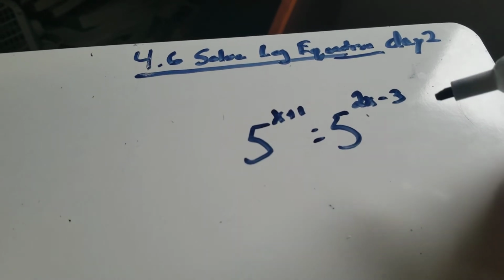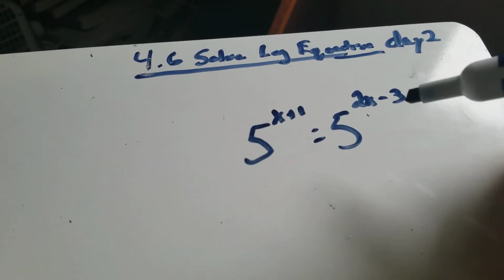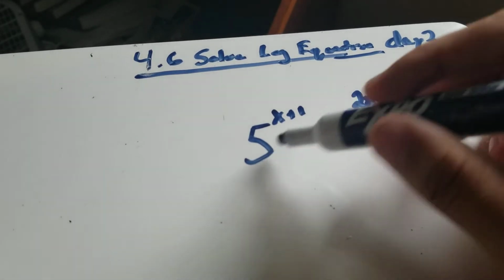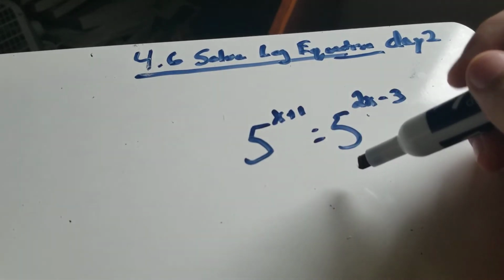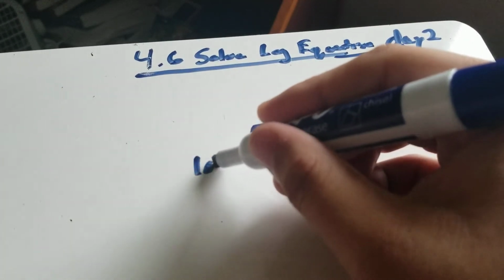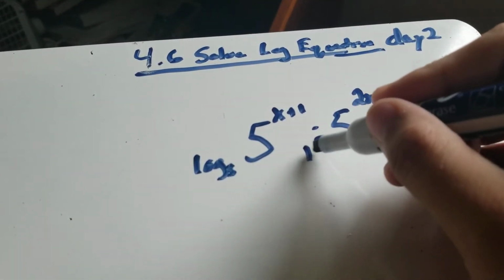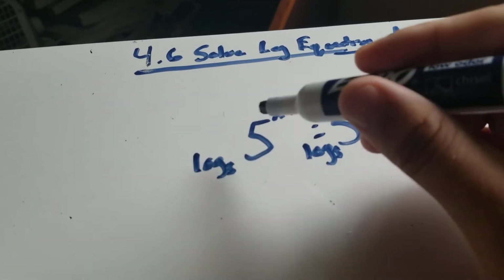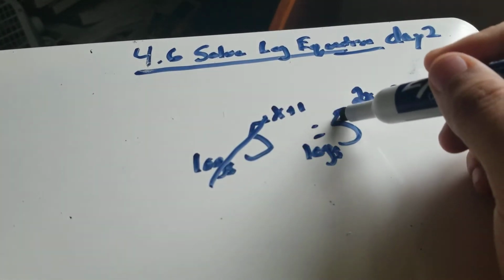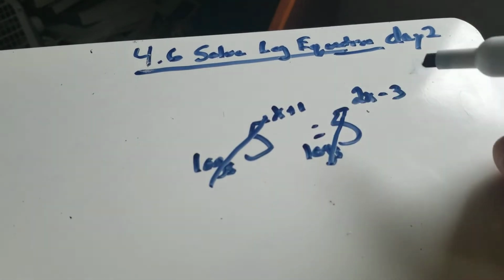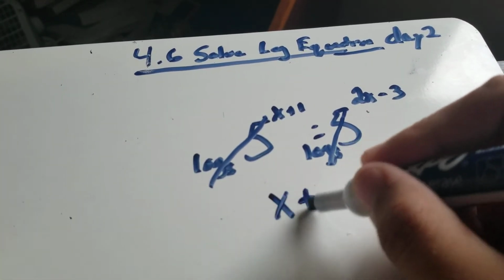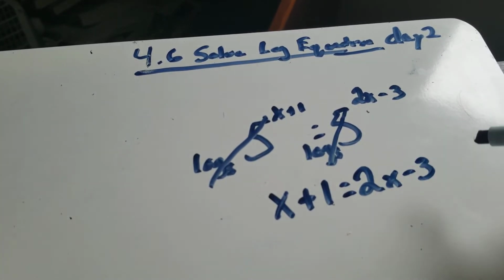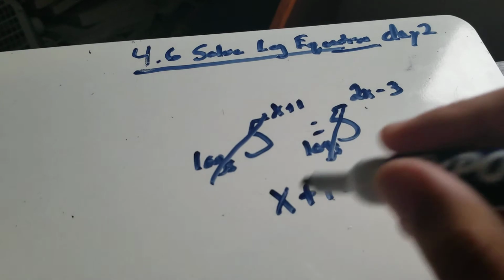Just like when the log bases were exactly the same, if the exponent bases are exactly the same, I could technically do log base 5 on both sides. That's what I'm technically doing. But mathematically, all I'm doing is just crossing these two things out. So mathematically, I'm just taking them away and rewriting the equation: x + 1 = 2x - 3.